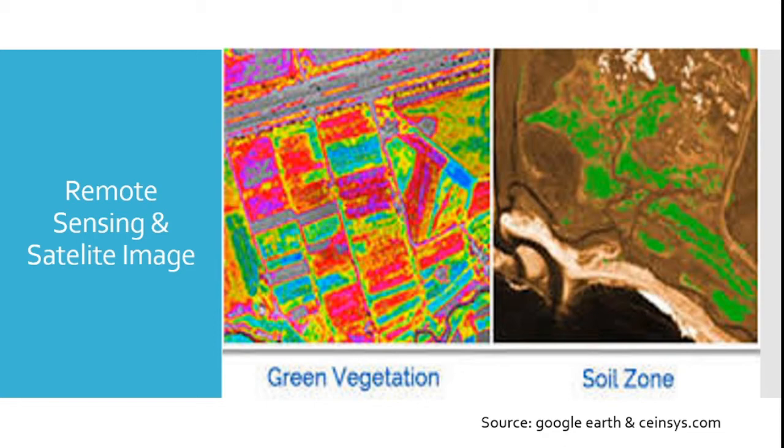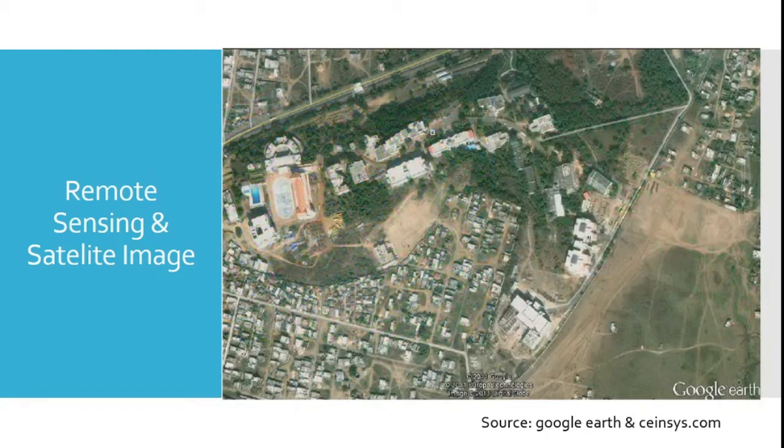Remote sensing and satellite images also play a vital role in image processing, where you can find the green vegetation and soil zone from the remote sensing image. Our college has been directly denoted from the satellite image, and you can understand which area has been covered here and how interesting this view is.